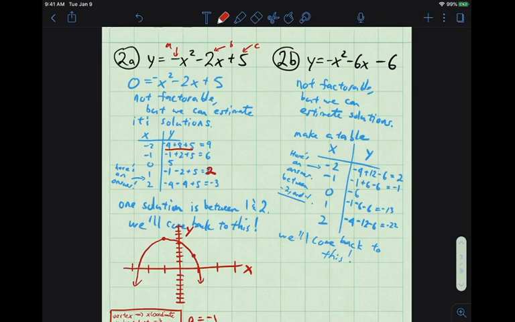And for +2, it goes down to -3. Yeah, this side matches up.